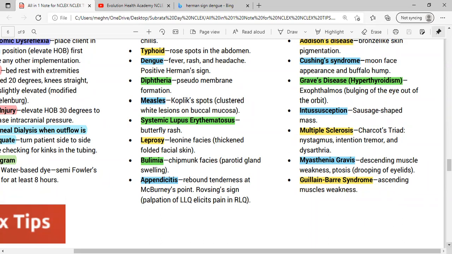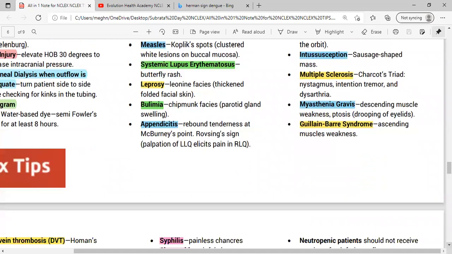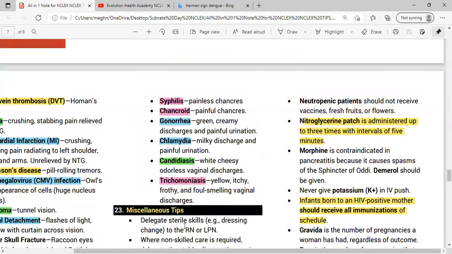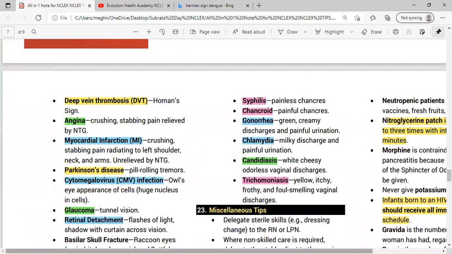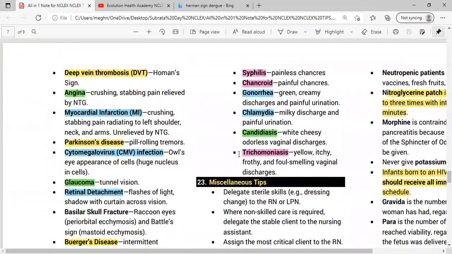Here we are only talking about the most prominent signs and symptoms. If a question comes from this topic, they must give you the most prominent sign, so you can easily get it. If a patient has deep vein thrombosis, we find a positive Homans sign. In angina, crushing or stabbing chest pain is relieved by nitroglycerin. In myocardial infarction, the pain is of the same nature, but not relieved by nitroglycerin.